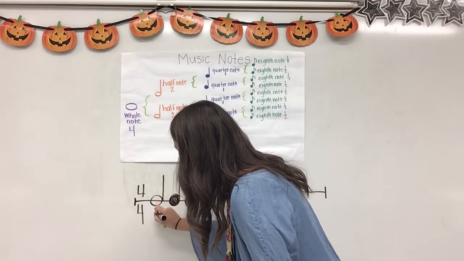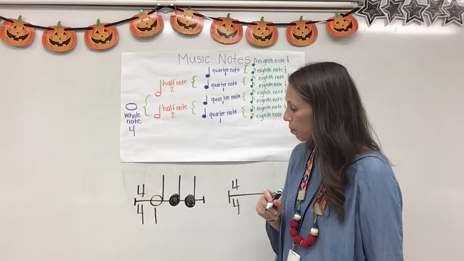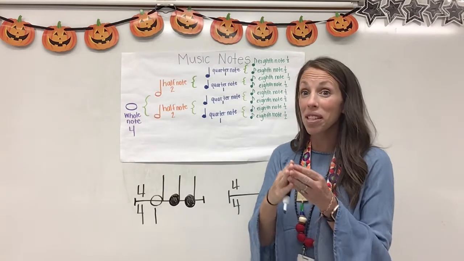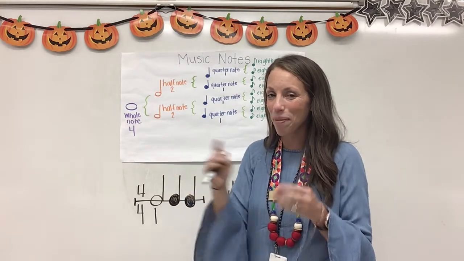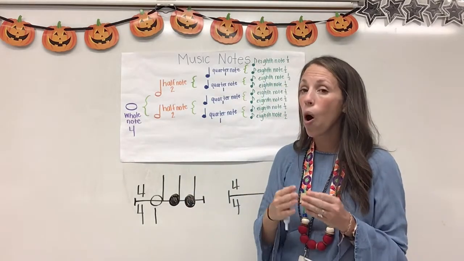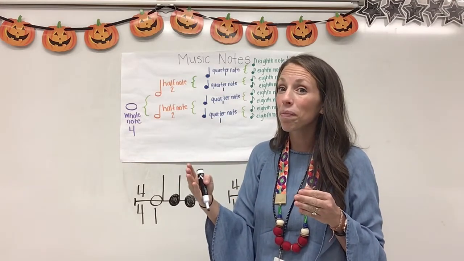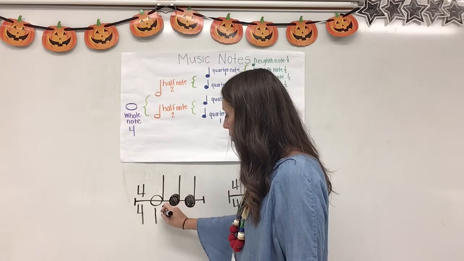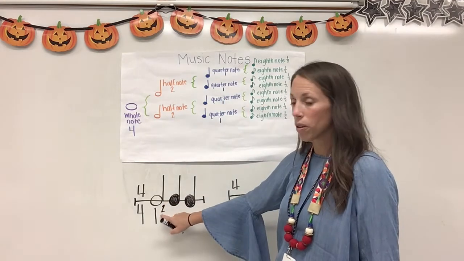So we put our 1 underneath that half note, but we know a half note gets 2 beats. So it's going to sustain, remember that vocabulary word, hold out through beat 2. And our 2 is small.